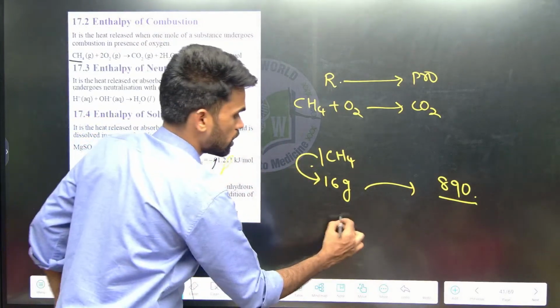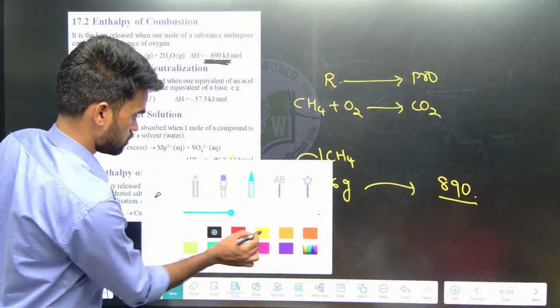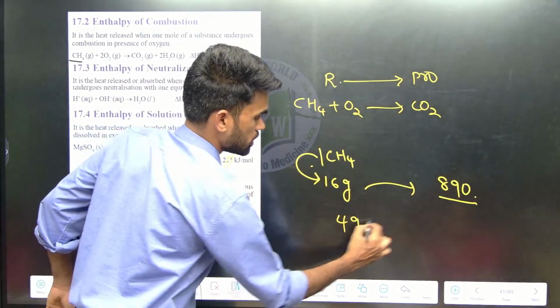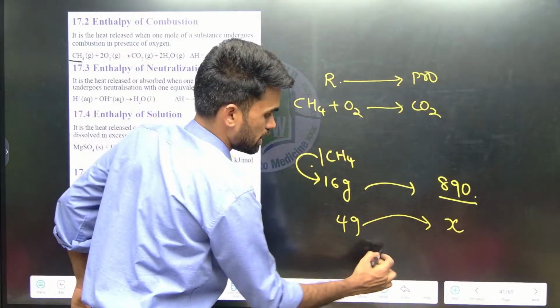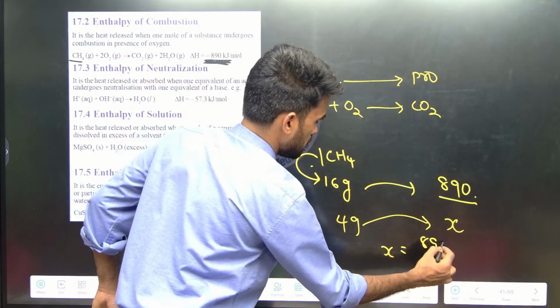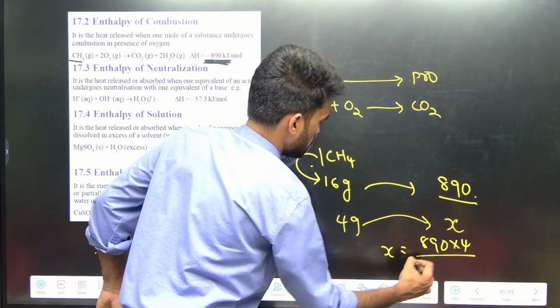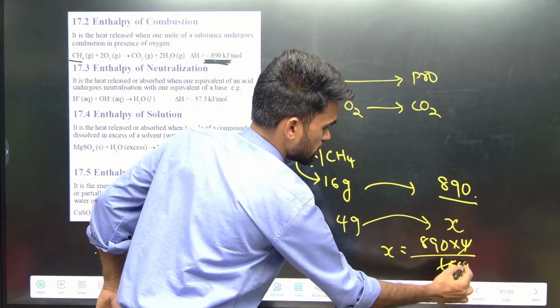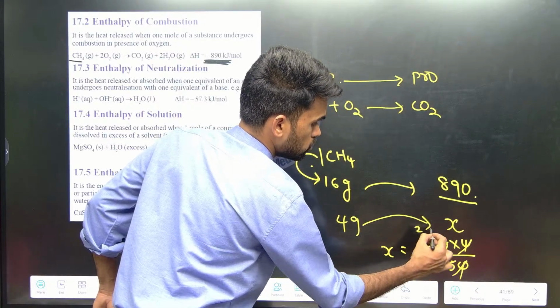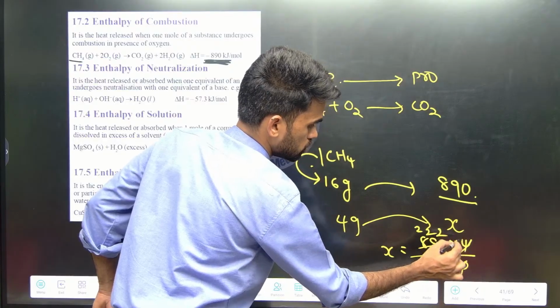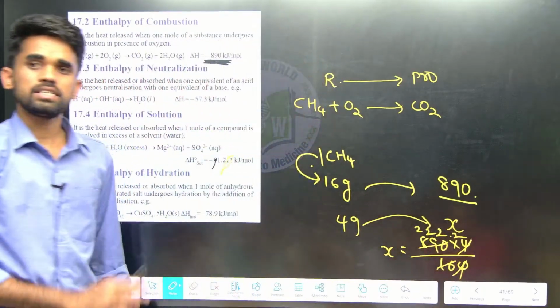So 4 grams means X. Use the unitary method. X will be 890 into 4 by 16, which is 222.5. That is how you need to solve the question.